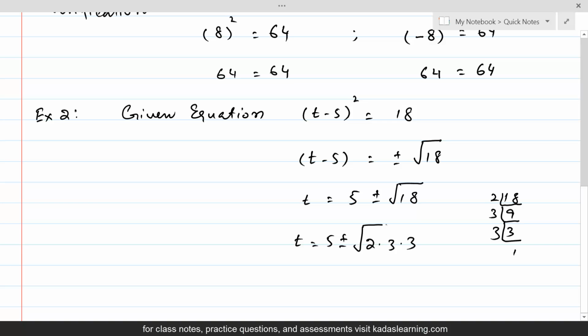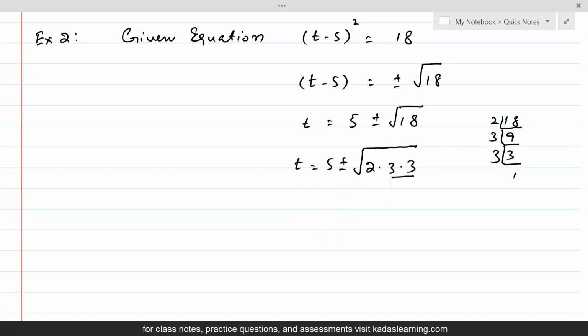Taking the square root, we can take 3 out of this pair. That will give us t is equal to 5 plus minus 3 times root 2.